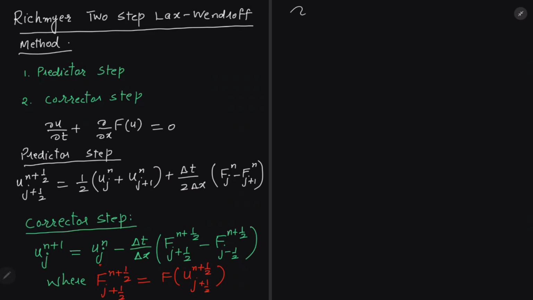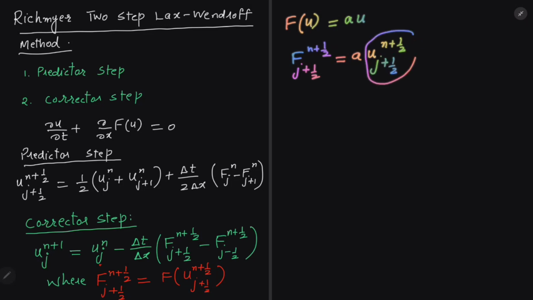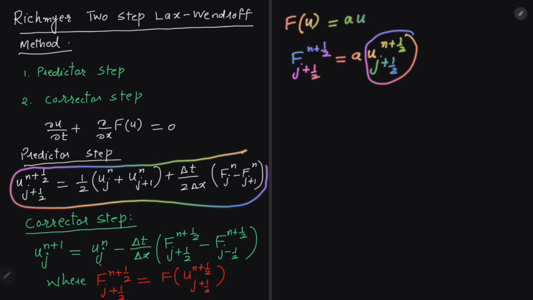Suppose we have a flux F of u equal to maybe a u, then f n plus 1/2 j plus 1/2 will be equal to a u n plus 1/2 j plus 1/2, and this value we can obtain from here.